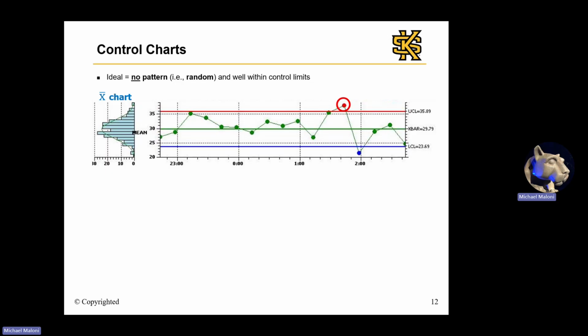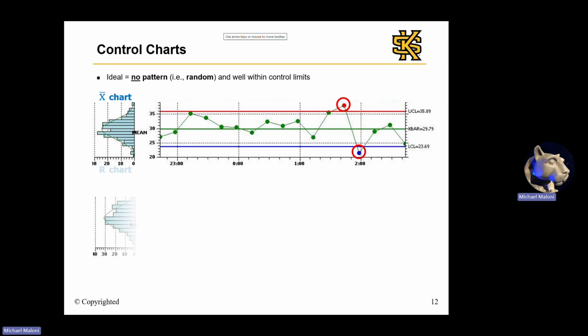And we also see 1 point below the lower control limit, the LCL. That's also not good. So this X bar chart on its own would alert us to problems with the process stability, the control of the process.